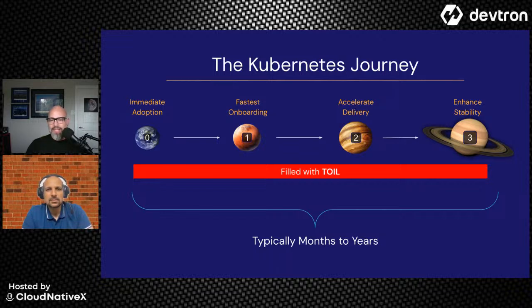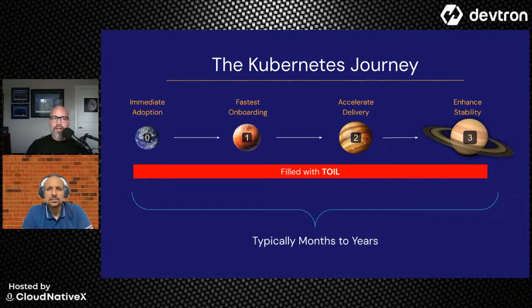Moving on to accelerated delivery, this is where companies are really trying to get all their processes, and DevSecOps really fits into this area. All of the shift left processes throughout the software delivery lifecycle built in with their Kubernetes infrastructure and getting apps onto Kubernetes.